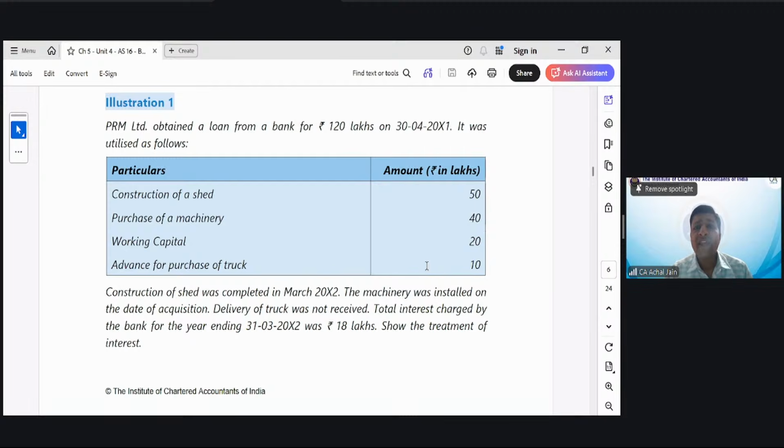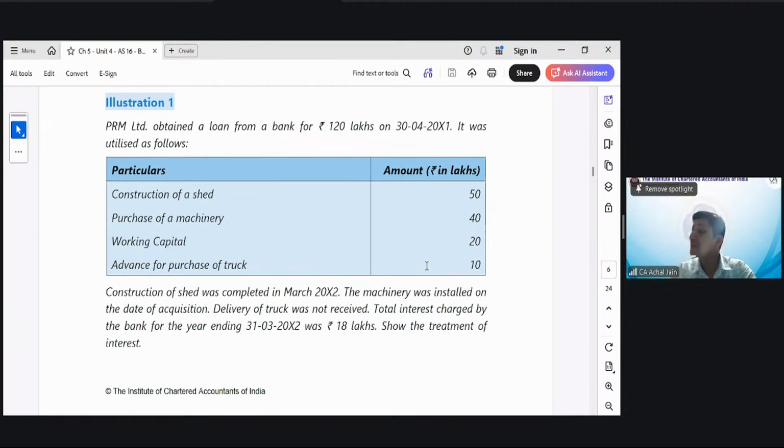Now, let's talk about all of these items one by one. The shed's construction got completed in March X2. The machinery was installed on the date of acquisition, meaning you purchased and installed it. Delivery of the truck was not received. It's an advance given and so far you have not yet received the truck.